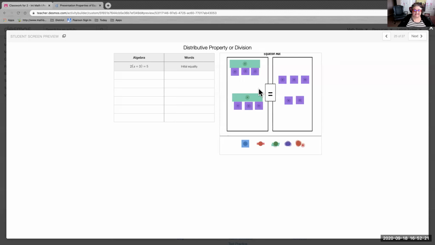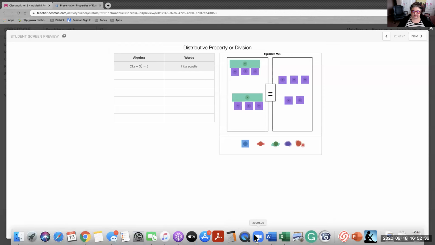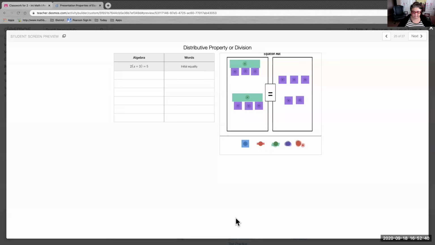I could divide this into 2 groups, but I'm going to show you it doesn't always work. It's nice when it does because it gets rid of so much stuff, but it doesn't always work. So let me show you what the problem is here, okay?